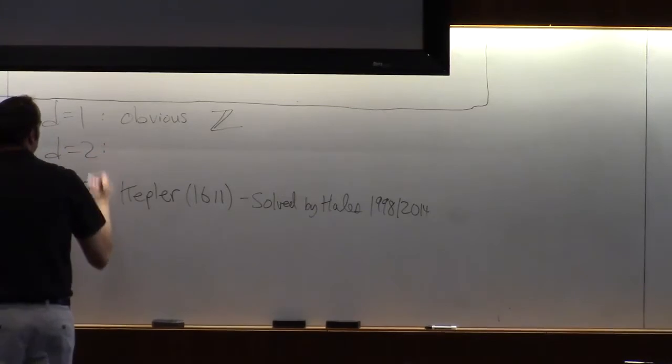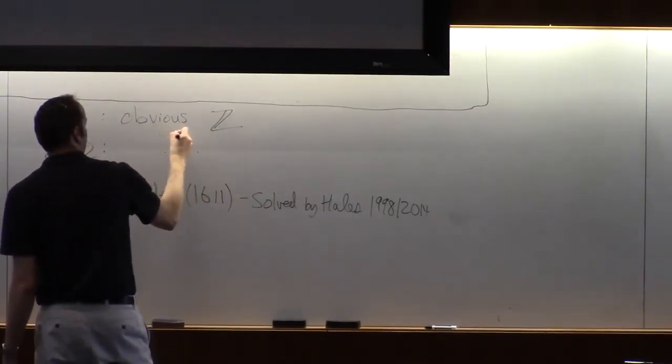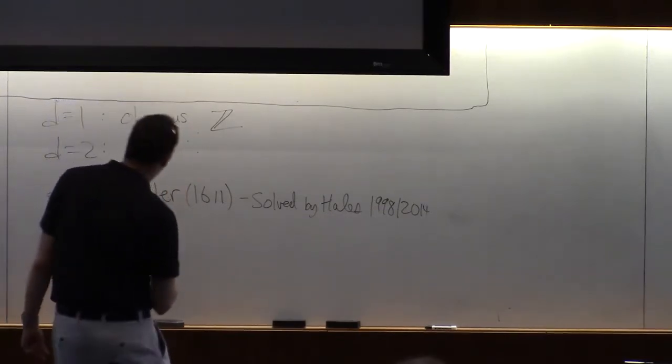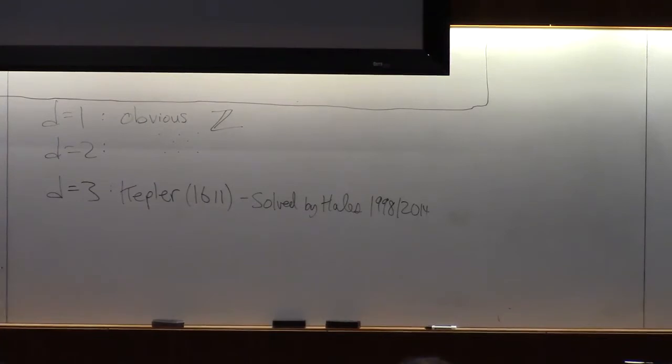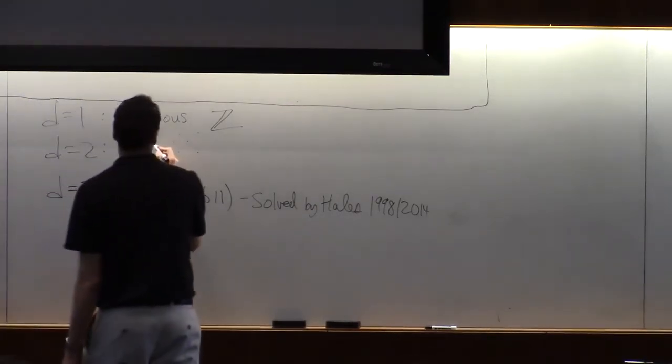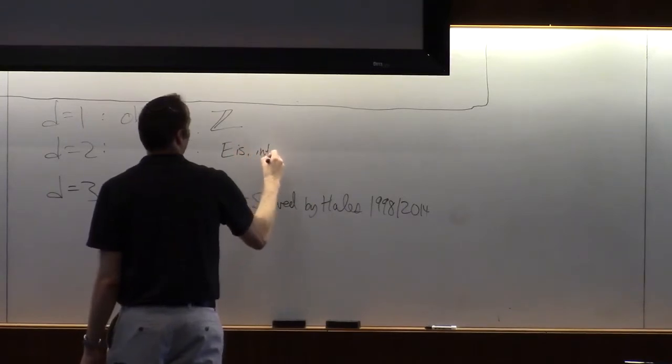And then in dimension 2, well, there's the famous Eisenstein integers, which I haven't maybe drawn so well. It's hard to see the dots from the back. I didn't draw them correctly anyway, so there's number theory here.